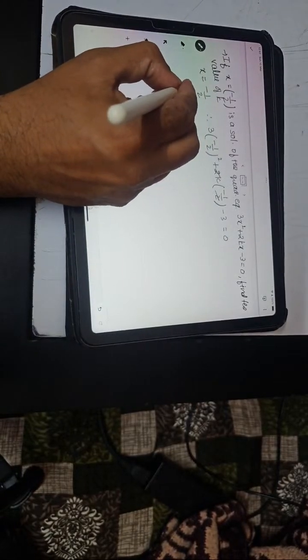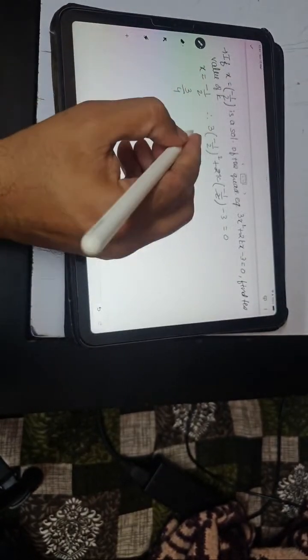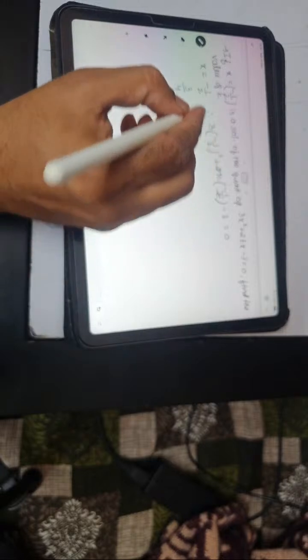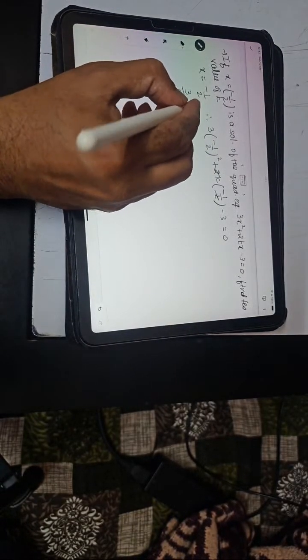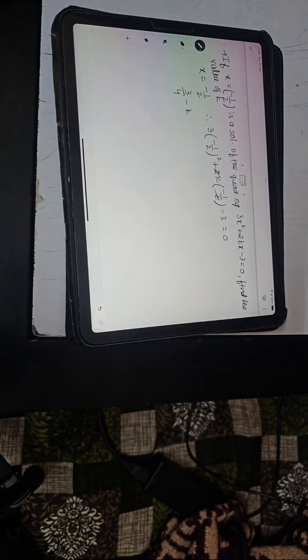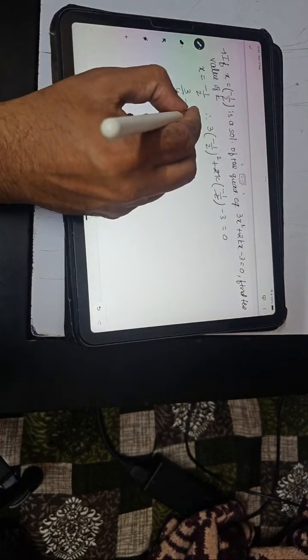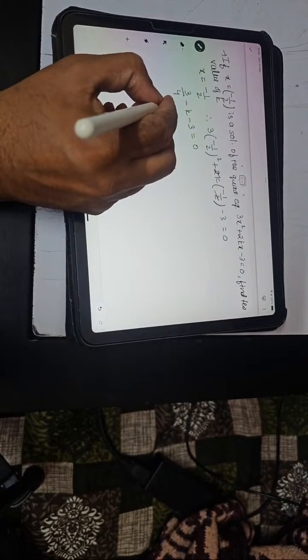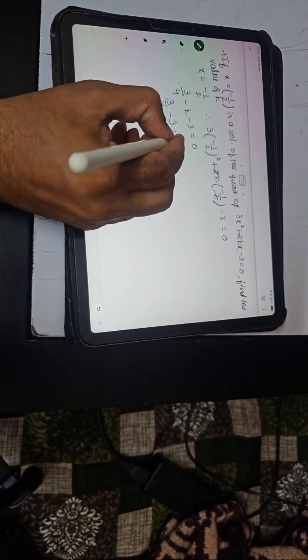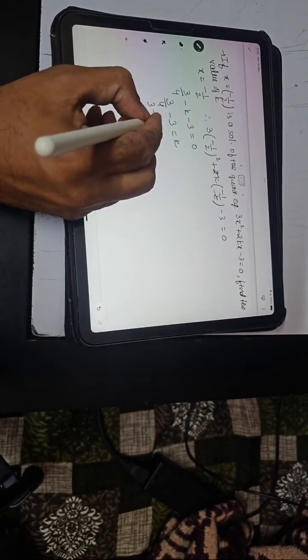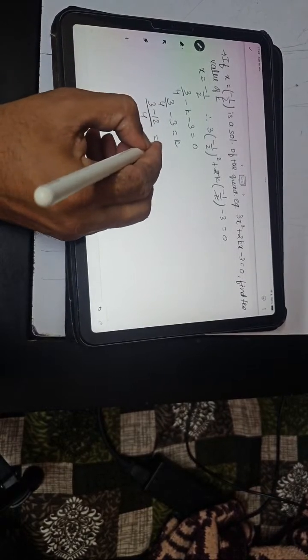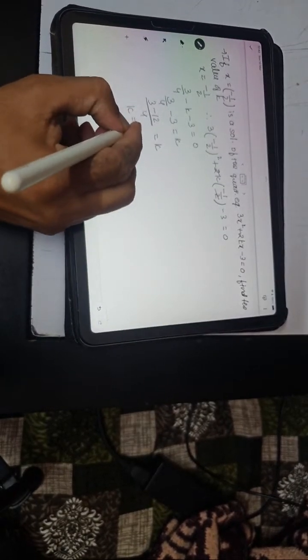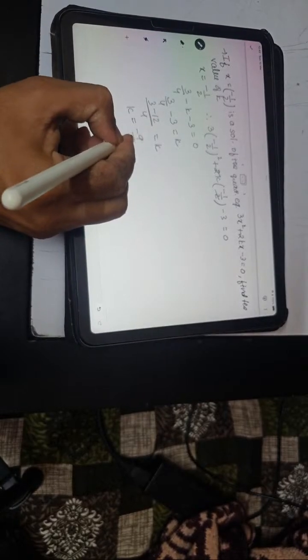So 3 by 4 minus k minus 3 equal to 0. So can I say 3 upon 4 minus 3 equal to k? So 3 minus 12 upon 4 equal to k. So k equal to minus 9 by 4.